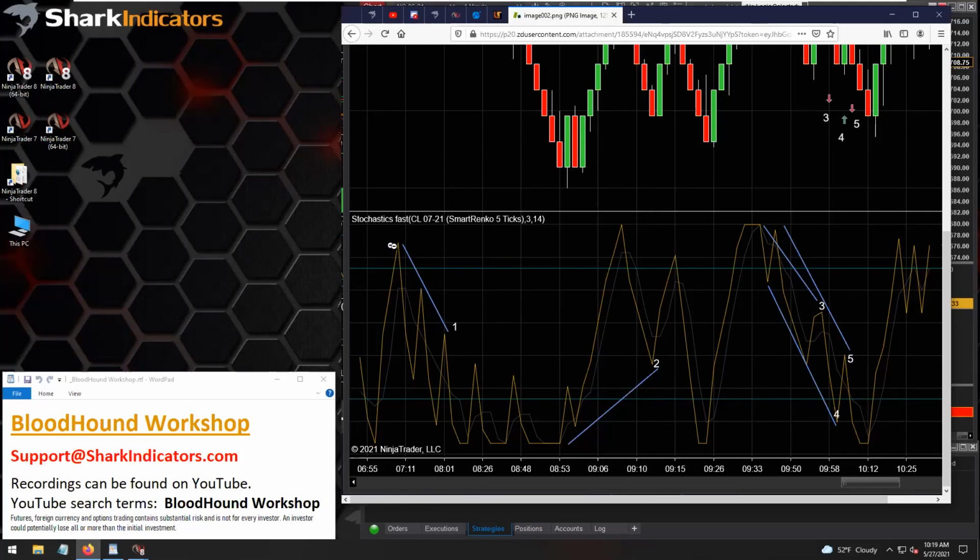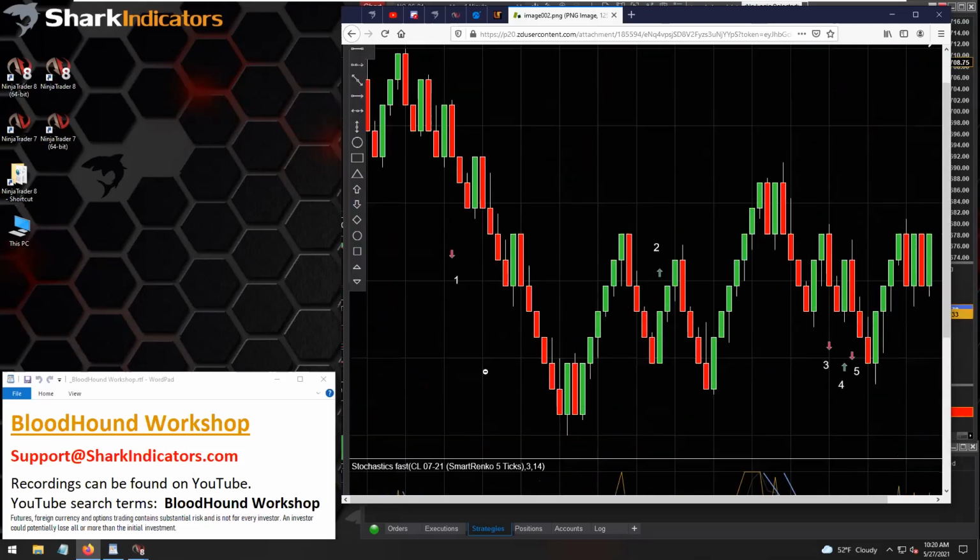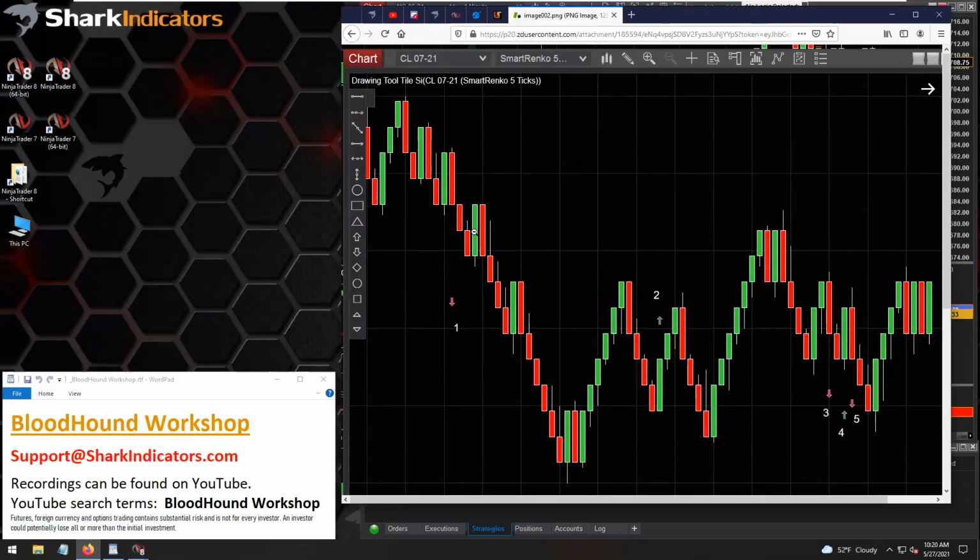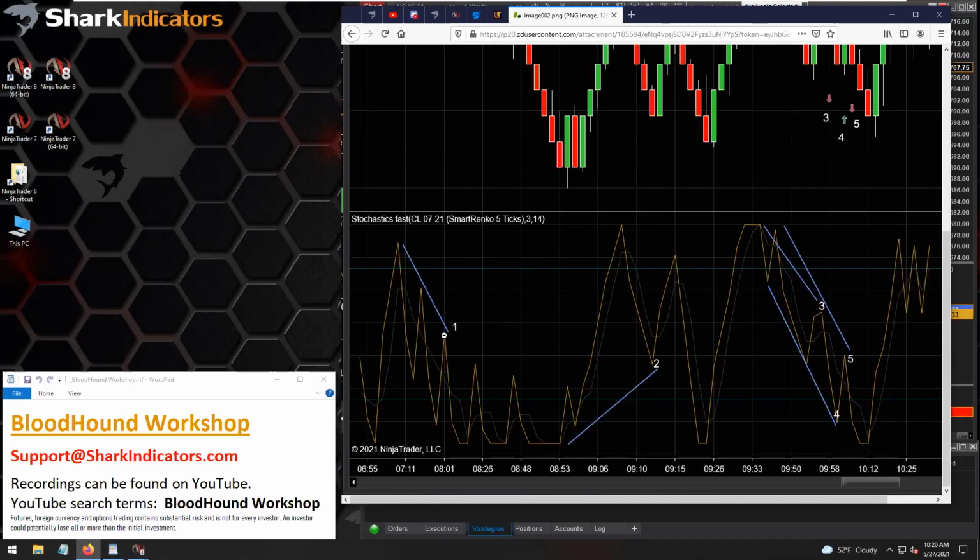When he gets 3 of these high points, all moving lower, that would generate a short signal. Once that third high point is detected, generate a short signal because the high points are sloping down.